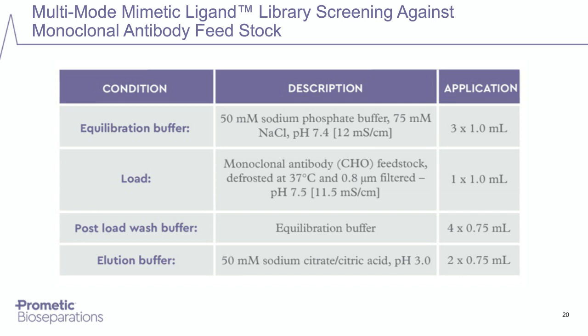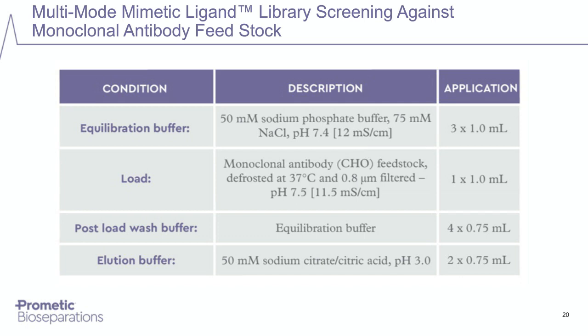We have here with these multi-mode ligands, because they provide embodied combinations of charge groups and hydrophobic groups, very often an elution buffer that combines both salt and a polarity reducing agent works quite well, and I'll give you some examples of this later on. But in this particular example, we're eluting with a citrate buffer at pH 3.